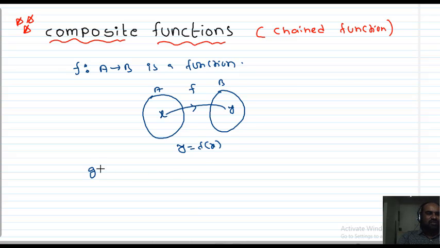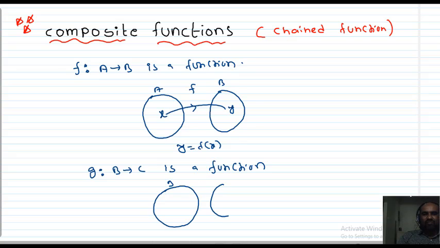Okay, a new function G is a function from B to C. A to B, B to C, observe, Nana, A to B and B to C. Say this is B, this is C. Some Y is the input, and the automatic corresponding output is G of Y, because G is a function from B to C. Now I want to mix these two.